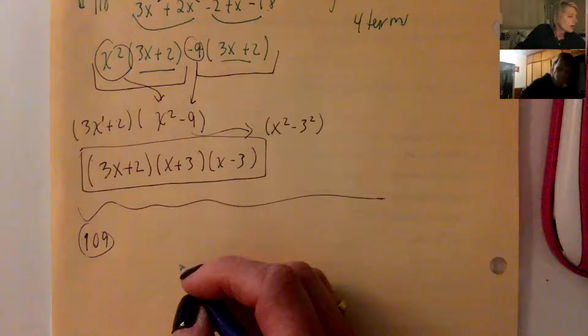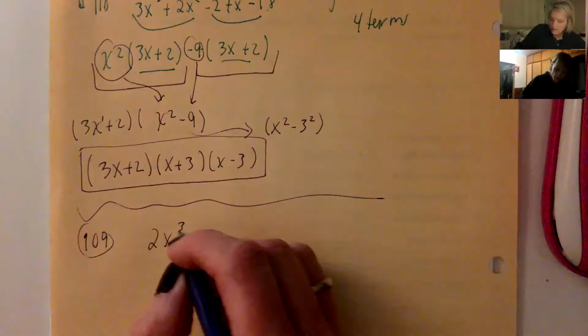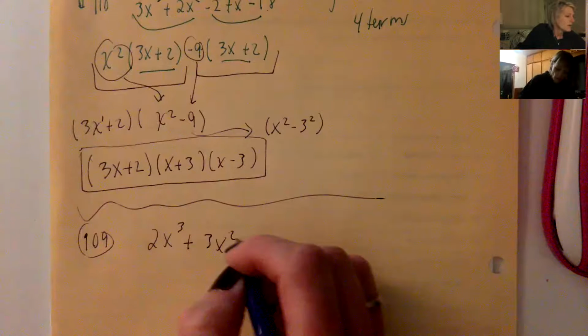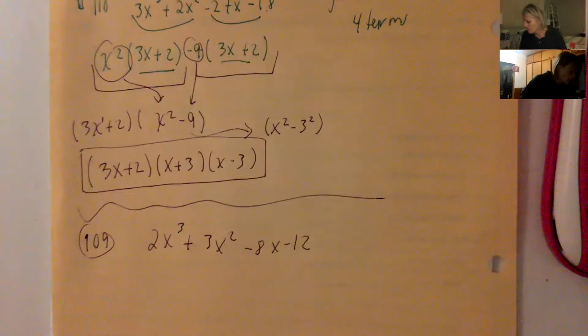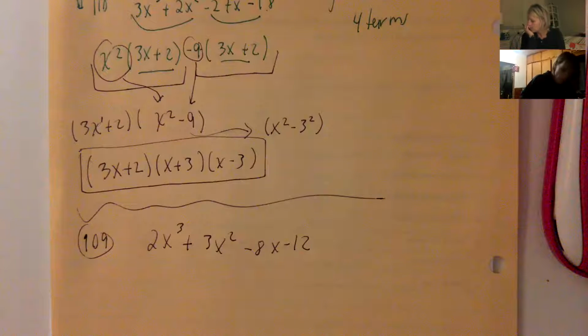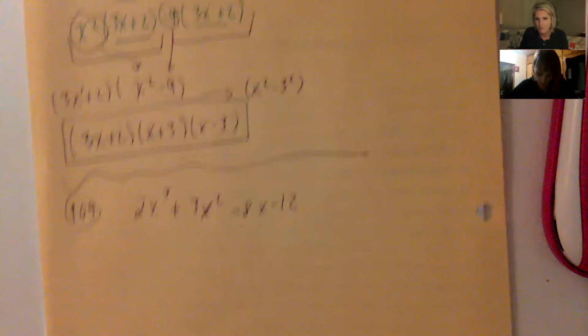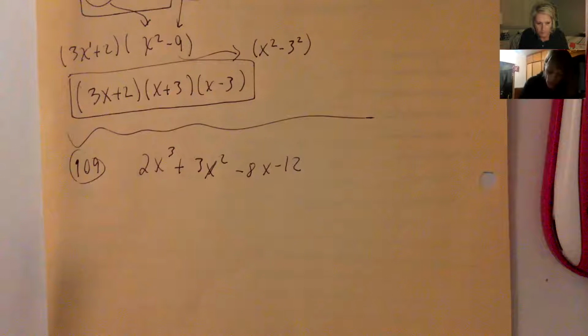So 109 is 2x cubed plus 3x squared minus 8x minus 12. You still following along? Okay, Jordan.